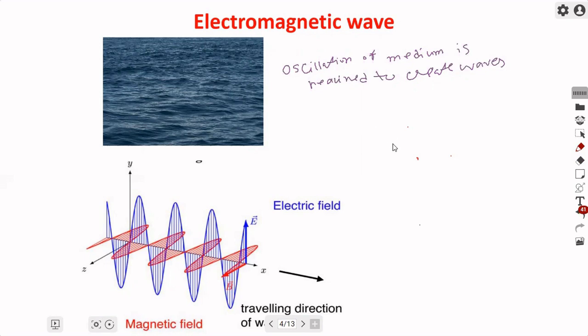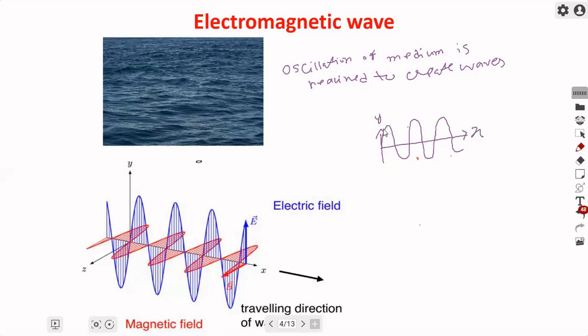Because, according to this picture, let's say I have an electric field in this y direction, and it is oscillating in the y direction like this. This is my electric field vector. This is x, and this is y.